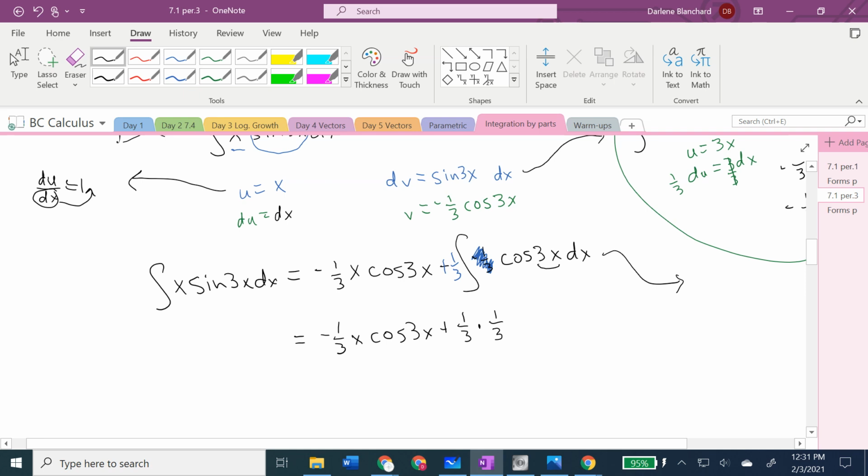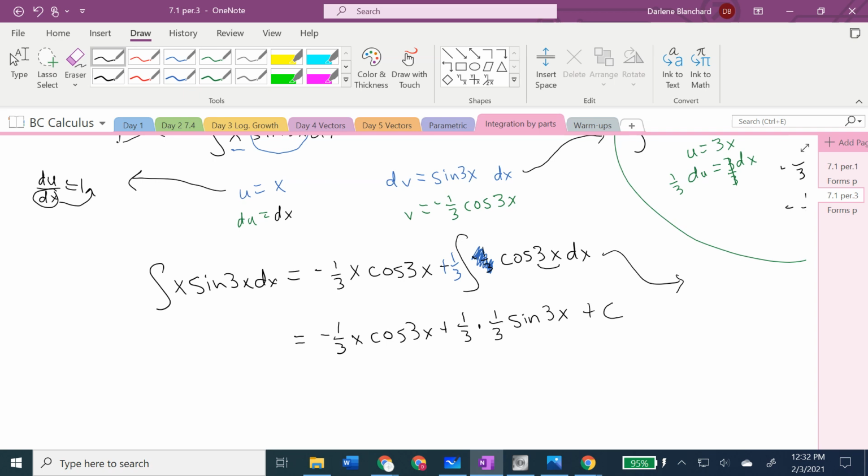Then the integral of cosine is positive sine of that u. All integration is done. You may now put plus c. And that's it. You just solved your first integration by parts. It's kind of fun.